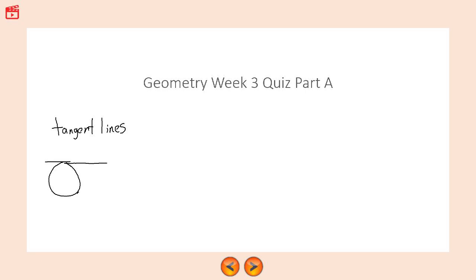And I could have 2 of these as well. This is going to be our first relevant fact: if I've got lines that are tangent and meeting at a point, they have the exact same length. This distance from A to, I'm going to call this point B, and from A to C are exactly the same. AB is equal to AC in length.